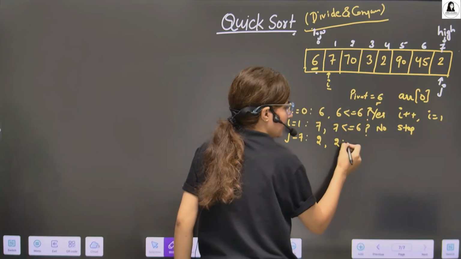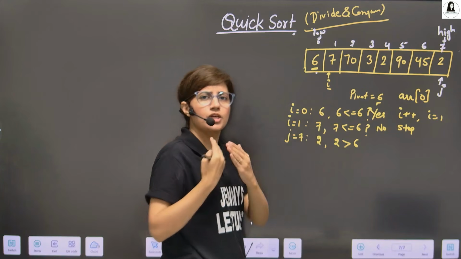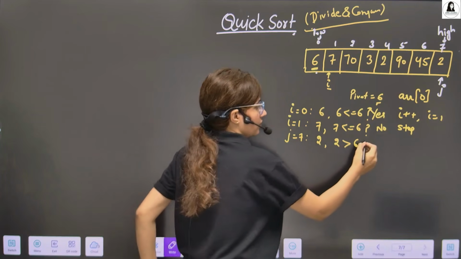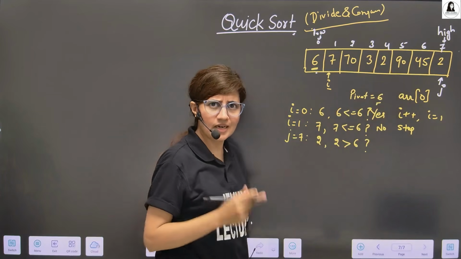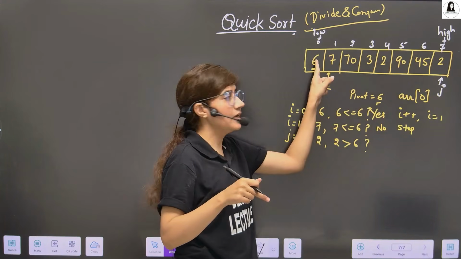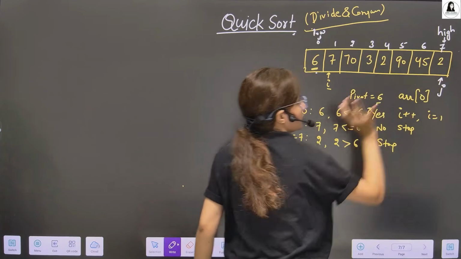If it is greater than the pivot element, then we just do j minus minus. We keep moving. Is this 2 greater than 6? No. So as soon as you get the first element which is less than the pivot element, stop there. So my j is here itself.